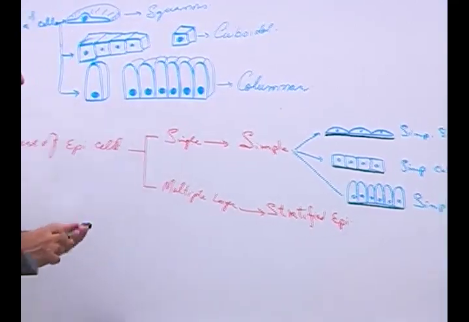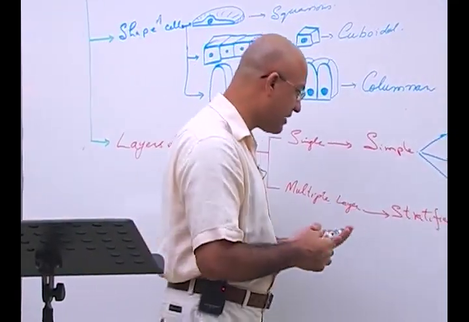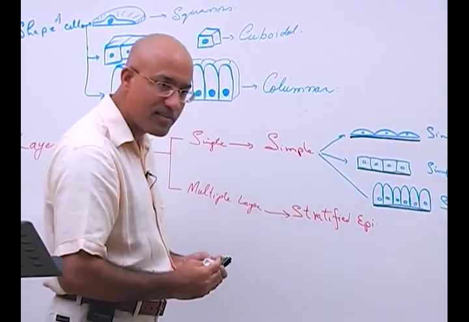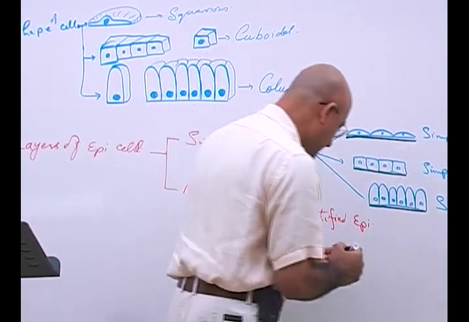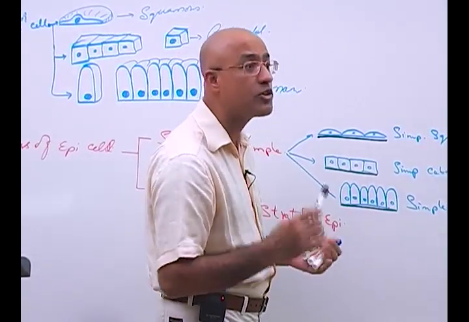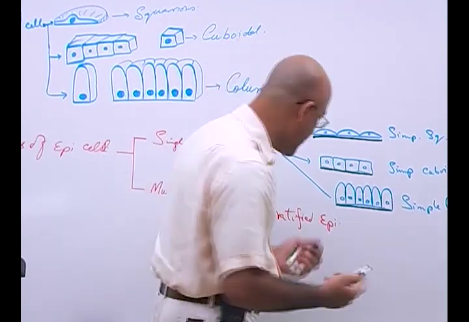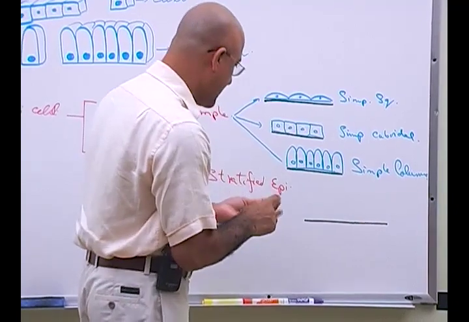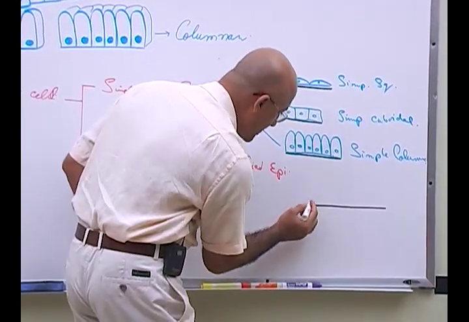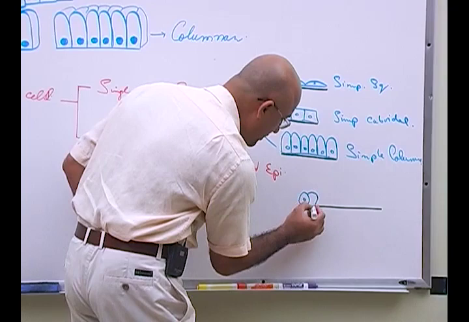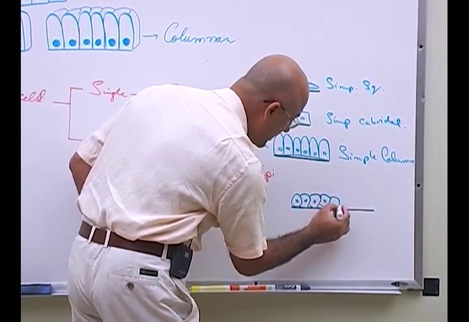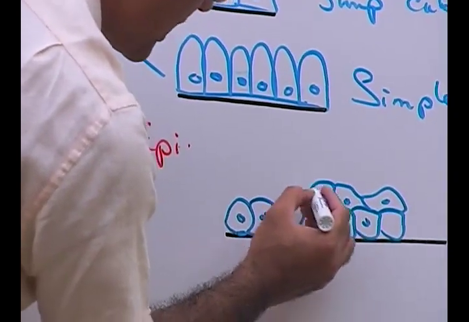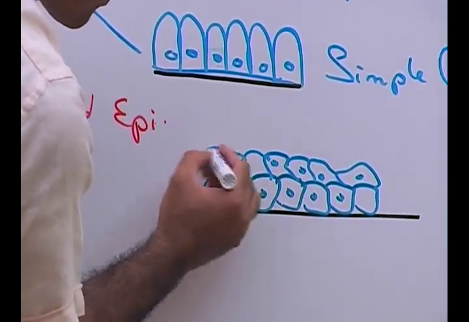But when we talk about stratified epithelium, what really happens is that there are multiple layers, so all cells are not resting on the basement membrane. For example, there is a basement membrane here, and this is multi-layer epithelium, and let's suppose these are different cells over here, and cells may slightly vary in shape from layer to layer.